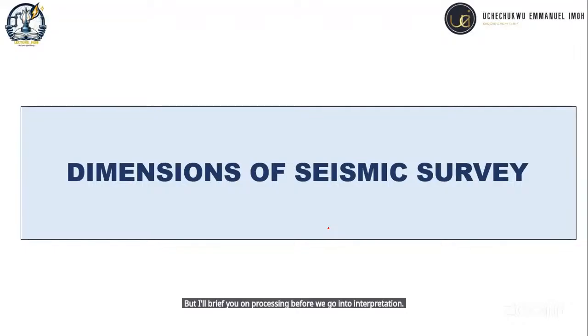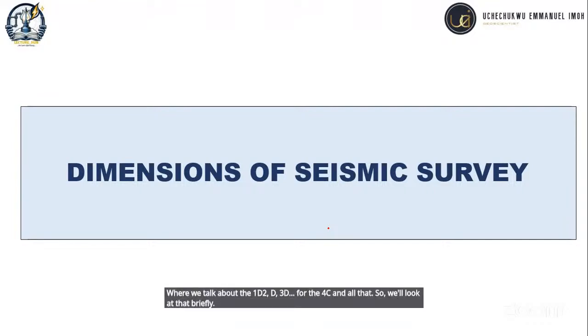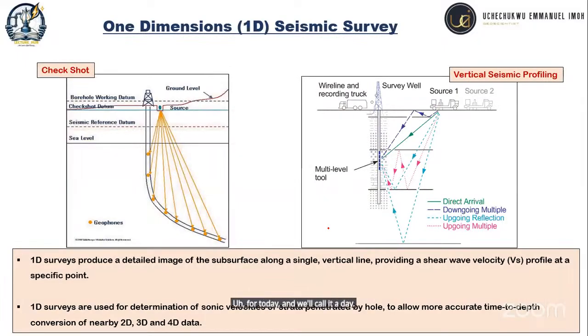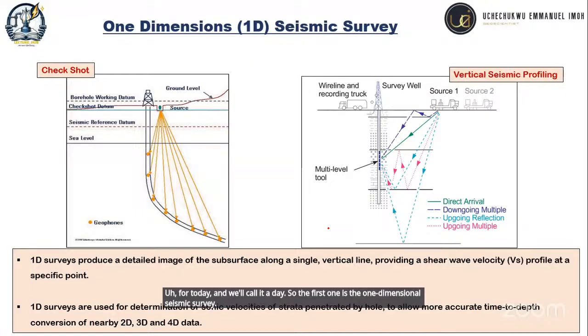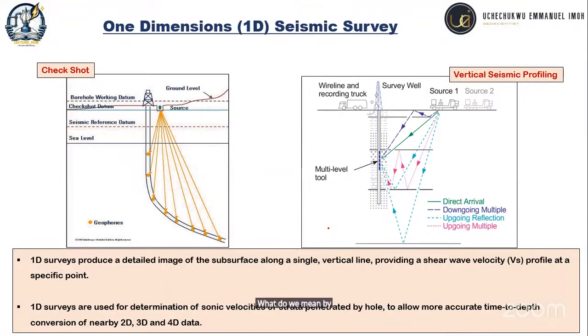So for the seismic survey, there is what we call the dimensions of seismic survey, where we talk about the 1D, 2D, 3D, 4D, 4C, and all that. We'll look at that briefly for today before we call it a day. The first one is the one-dimensional seismic survey. What do we mean by one-dimensional seismic survey?